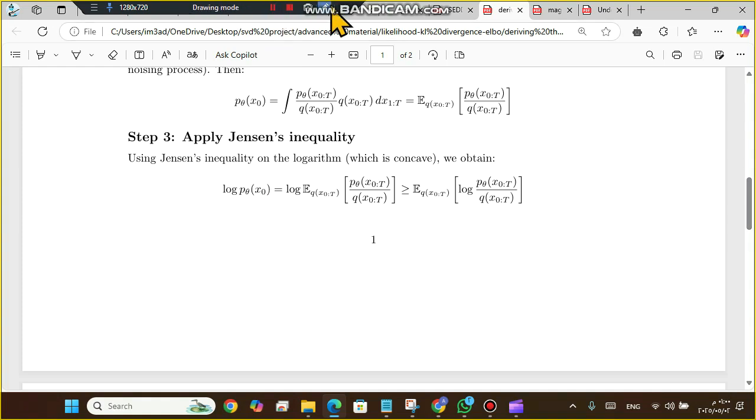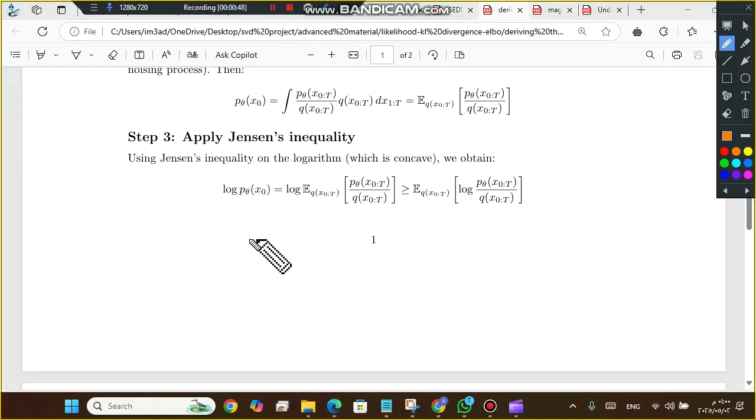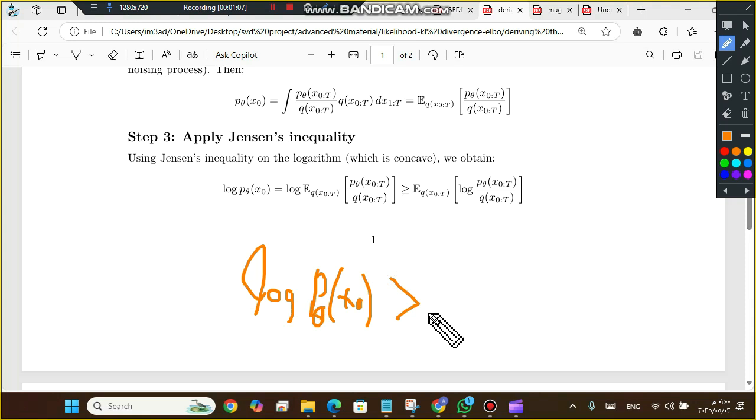In other words, the log of P theta of x naught is always greater than or equal to the expectation of the log of this quantity.